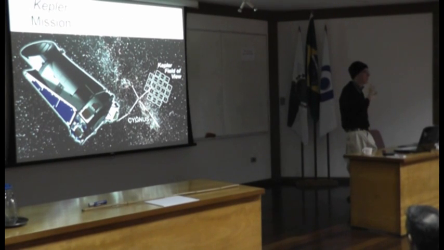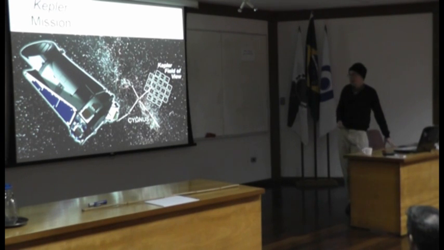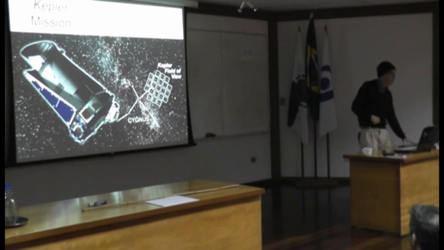Because of downloading, where we're turning the spacecraft to download data, and a few minor glitches, our duty cycle was around 90%, not 100%. But we got incredible precision. For the brighter stars, we got better than 40 parts per million for 6-hour intervals. So that's 1 part in 25,000.